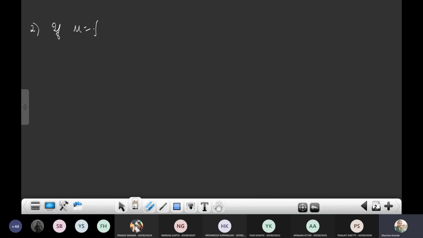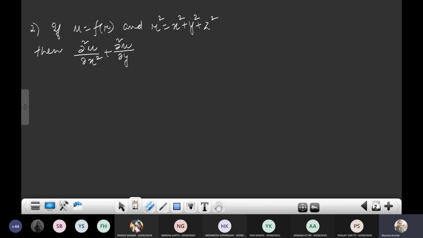If u is equal to f of r and r square is equal to x square plus y square plus z square, then del square u del x square plus del square u del y square plus del square u del z square is equal to f double dash of r plus 2 by r f dash of r.